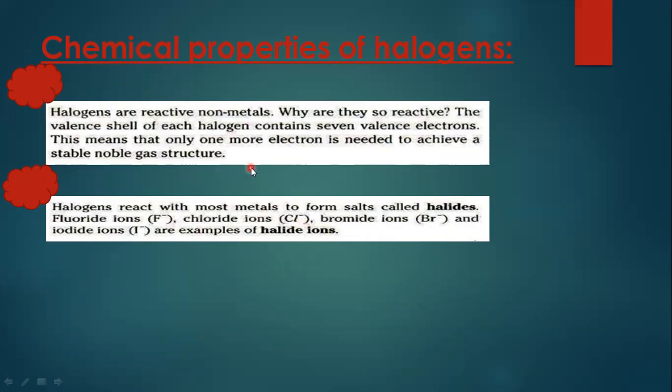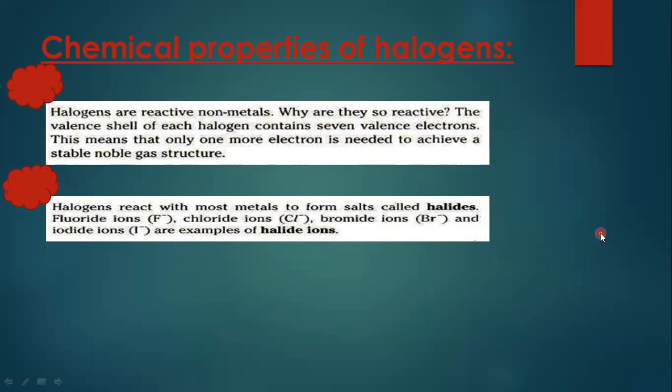As we discussed earlier, they have 7 valence electrons, so when any of them gains one electron, it is converted into its respective halide ion: fluoride, chloride, bromide or iodide.